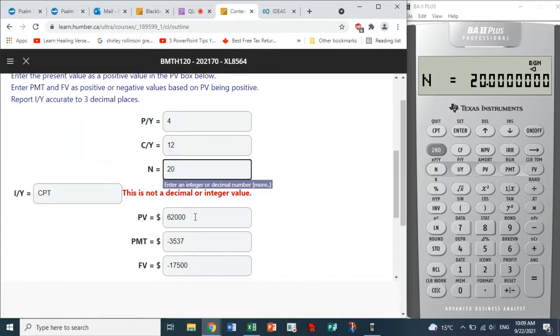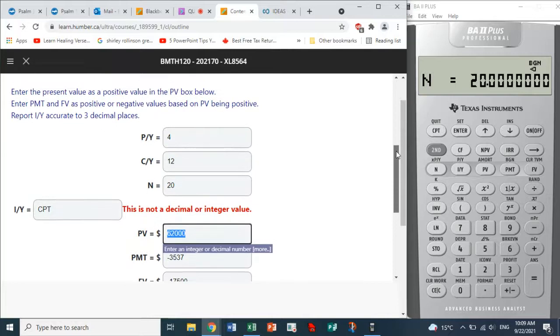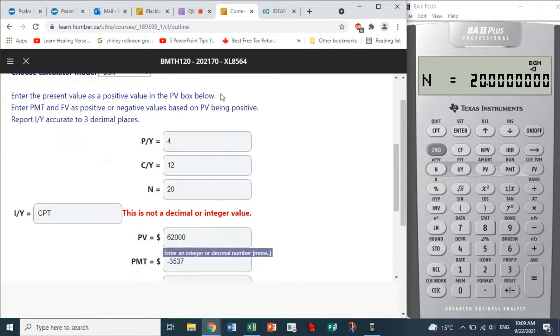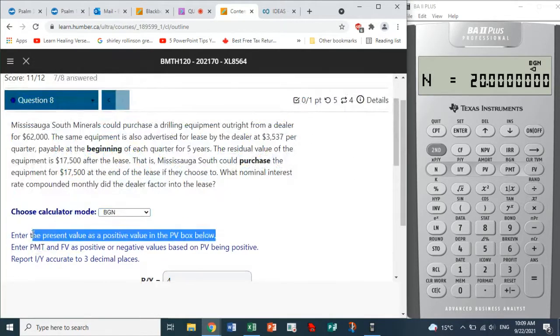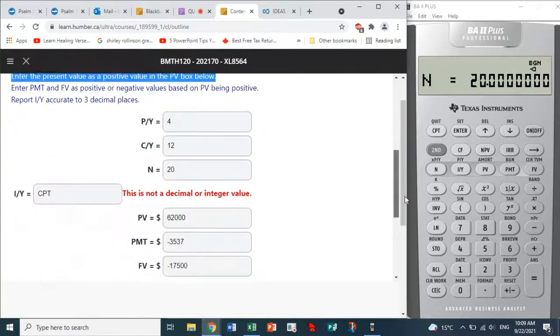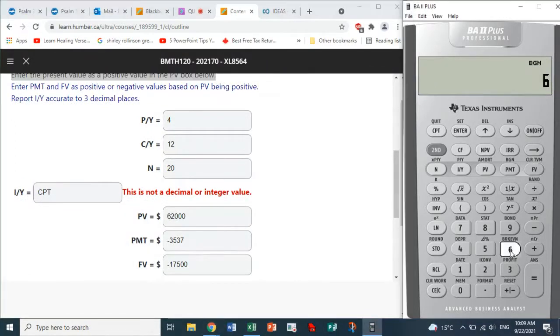All right. We skip over IY because we're computing that. The present value, it says to enter the present value as positive. That's the reason why it's being entered as positive. So we go to the present value and we put in 62,000. That is the present value.